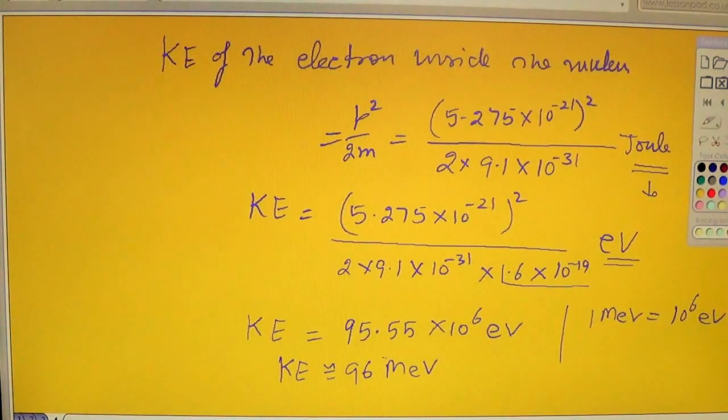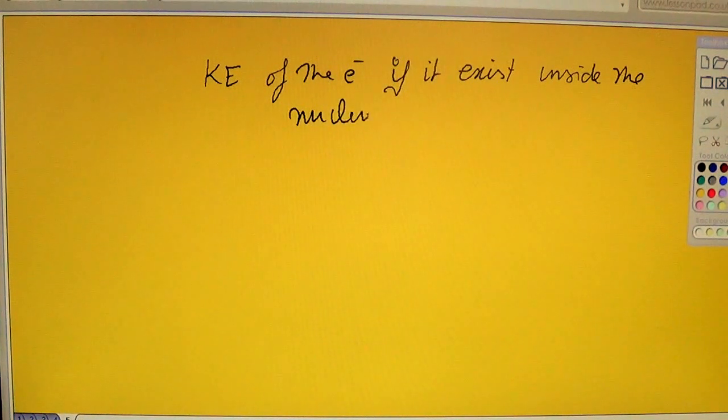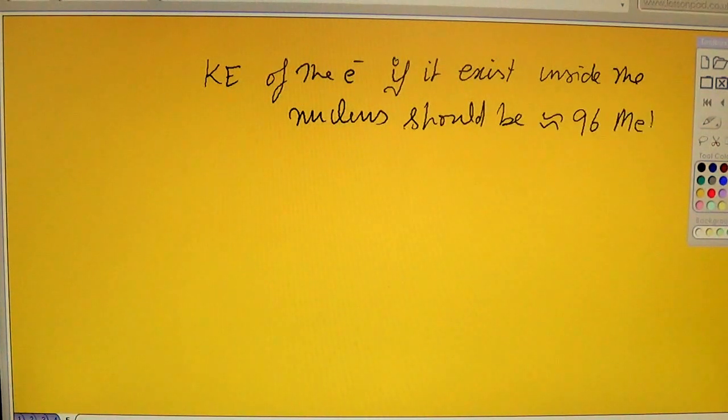So from this result, the kinetic energy of the electron, if it exists inside the nucleus, should be equal to 96 mega electron volt.